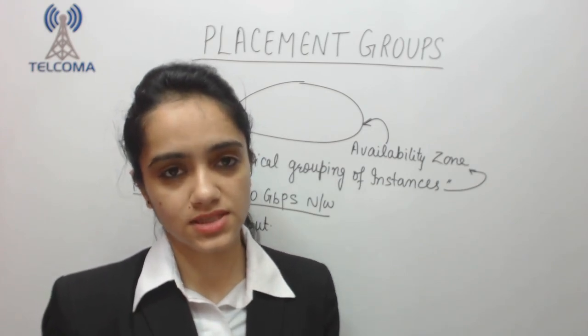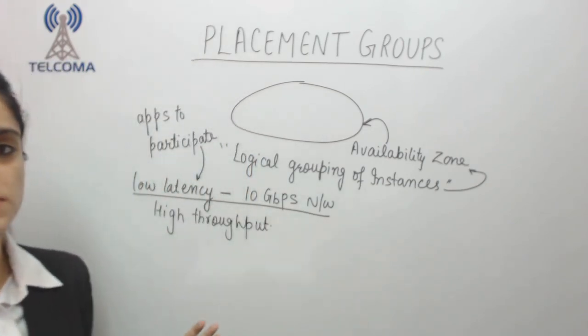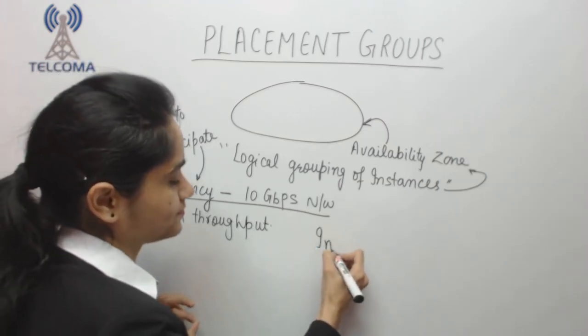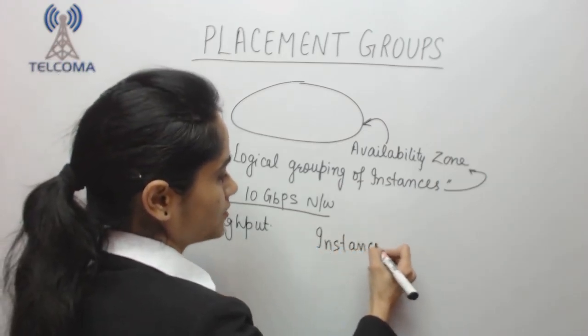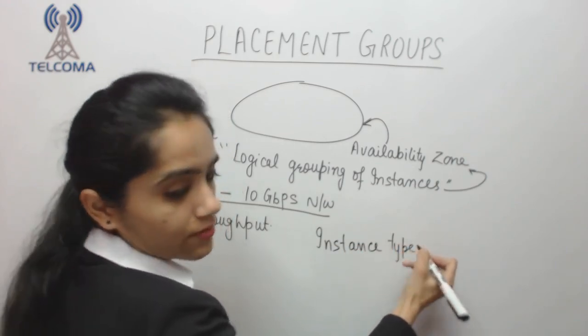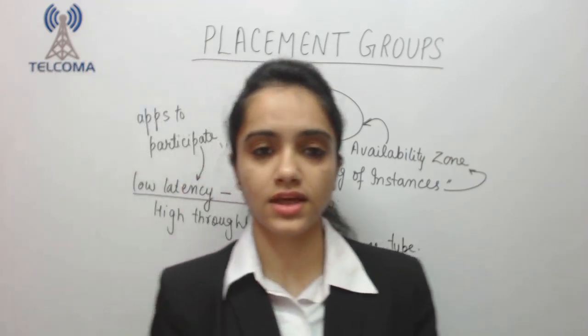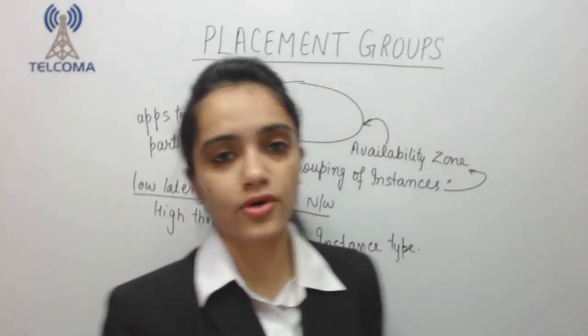Now to fully use this network performance for placement groups, we have to choose an instance type. We need to choose instance types that support enhanced networking and 10 gigabit per second network performance.